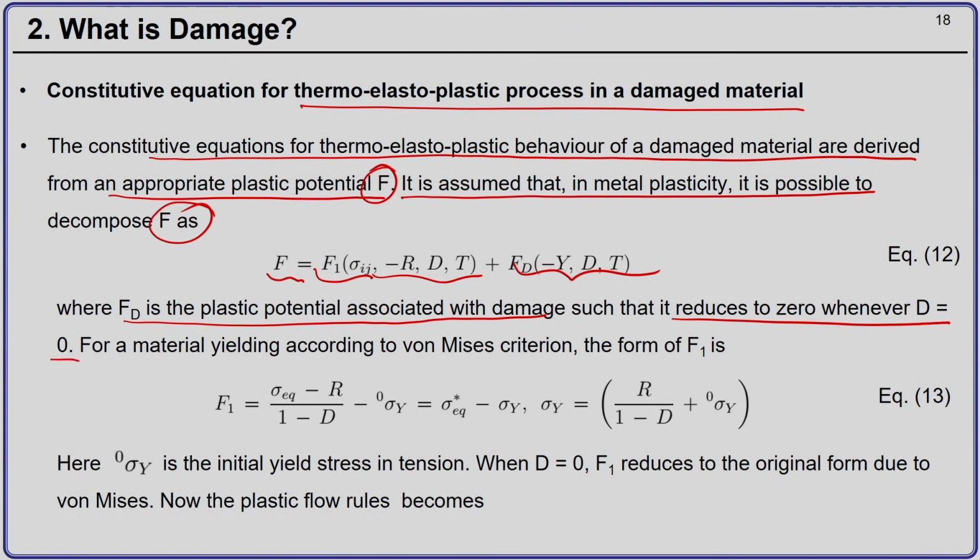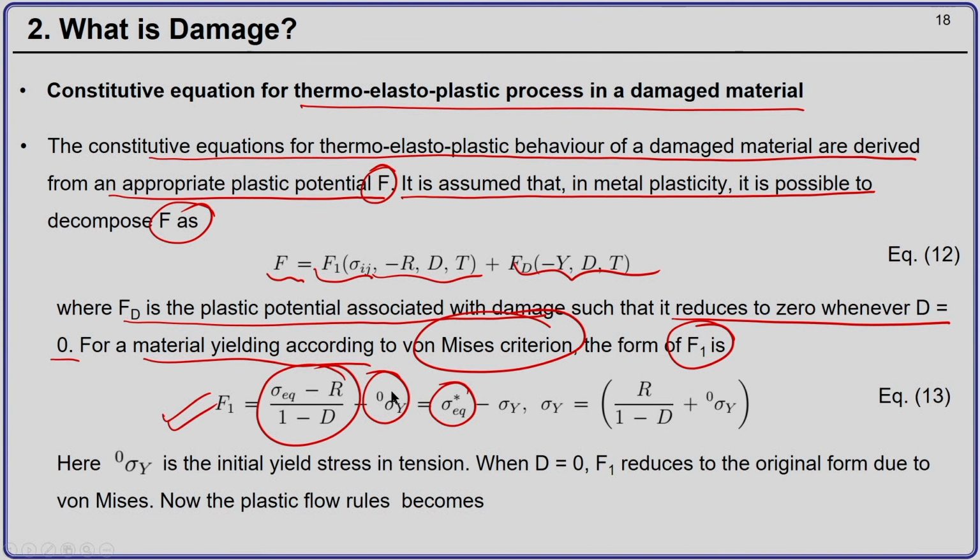Now, for a material which is yielding, there are different yield criteria, and we are using the von Mises yield criterion here. The form of F1 is given by sigma equivalent upon (1 minus d) minus R minus sigma_y0. Now, I can write sigma equivalent upon (1 minus d) as sigma star, and I can write the yield stress as sigma_y0 plus R upon (1 minus d).